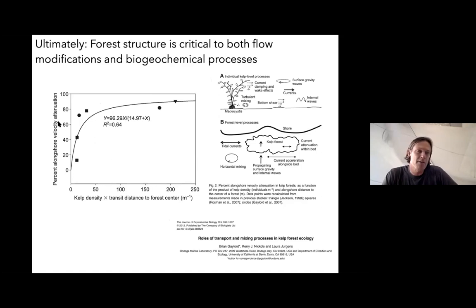The plot on the left shows again this idea of attenuation of flow. In this case, it is the alongshore flow attenuation as a function of kelp density and the distance, how far you are into the kelp forest. And they've got a nice little cartoon that depicts this range of processes that are occurring.